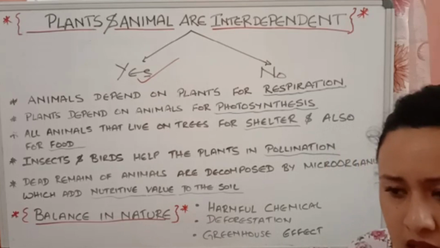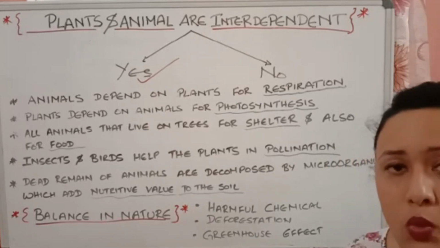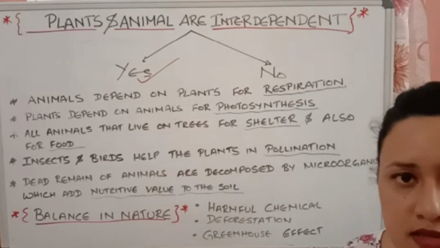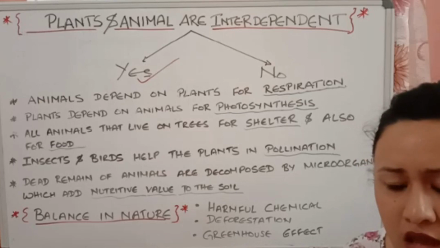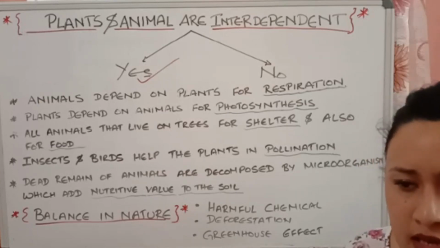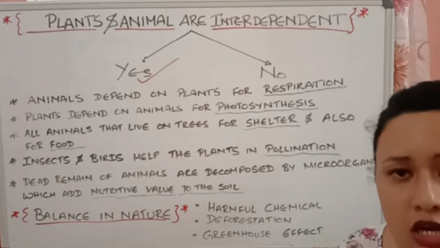Now what happens? The radiation, along with the greenhouse gases, gets more radiated, such that it raises the temperature of the atmosphere and the surface of the earth.